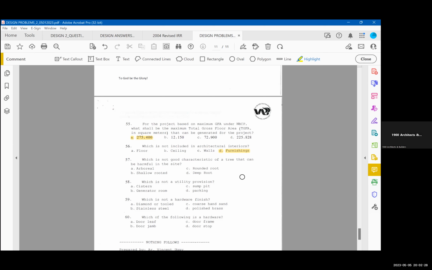So, yung letter A, hindi naman, and letter C, I don't think na siya yung best answer. So, it's between letter B and D. So, I think ang magiging sagot, the best answer ay letter D. Kasi, from the four, siya yung mas harmful, yung deep-rooted, diba? Kahit saan naman ilagay ang deep-rooted, ay harmful kahit sa side. Okay?